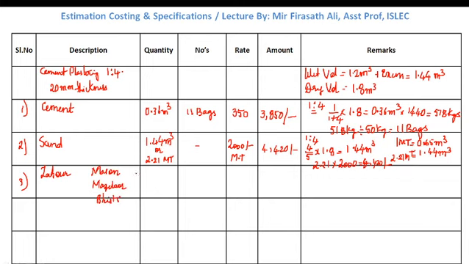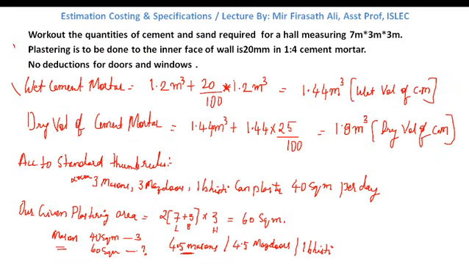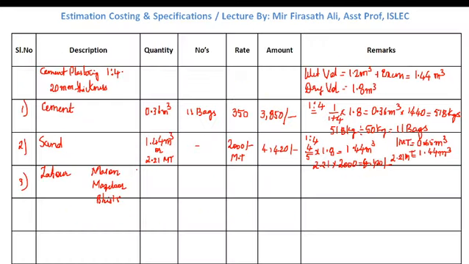So the number of masons required, as we have calculated over here, is 4.5 numbers. Mazdoor also 4.5 numbers. Bhisti is 1 in number. The rates are as follows. Rate for mason is 800 rupees. For mazdoor is around 700 rupees. For bhisti is around 600 rupees.